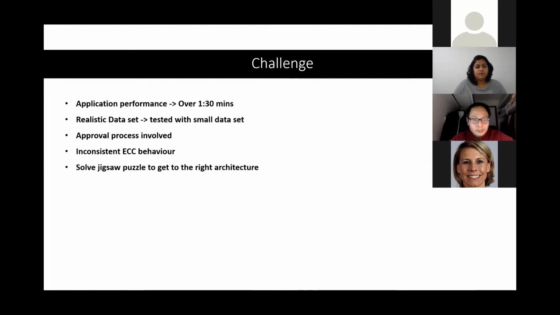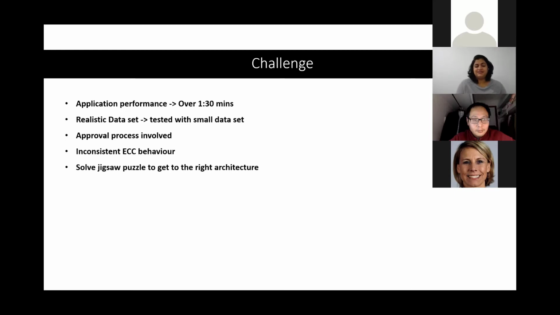We also had to incorporate the approval process that is involved. We also had to deal with the inconsistent ECC behavior, which I'll talk about later in the slides. And somehow we had to solve the jigsaw puzzle of architecture, which one suits us basically.